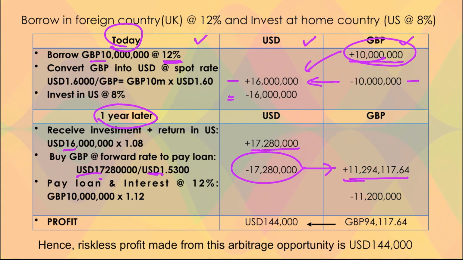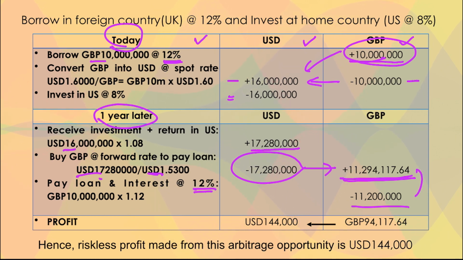When you convert USD to GBP, you have to remember to pay back the UK. So pay loan and interest at 12%. How much will you pay? 10 million times 1.12, you will get negative 11.2 million. How much is the profit in GBP?